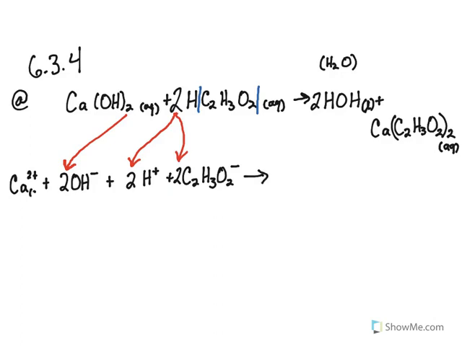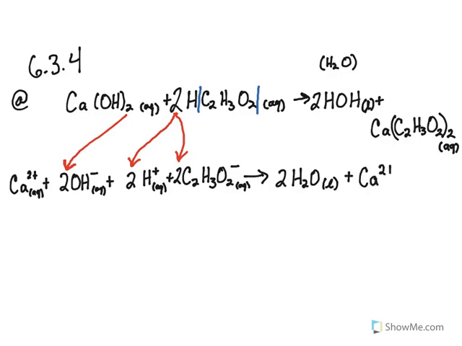Now you could be writing aqueous with all of these. I find it slightly tedious, and I tend to only put state symbols on the things that aren't aqueous, but it would be proper to be writing aqueous on every single one. The waters are going to stay together because they're a pure liquid. They're not going to break up in solution like the aqueous ions are.